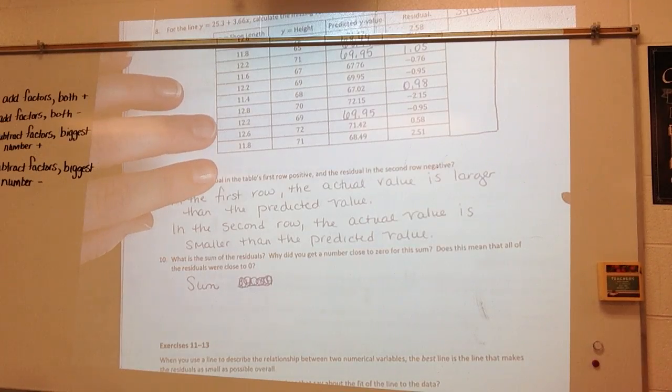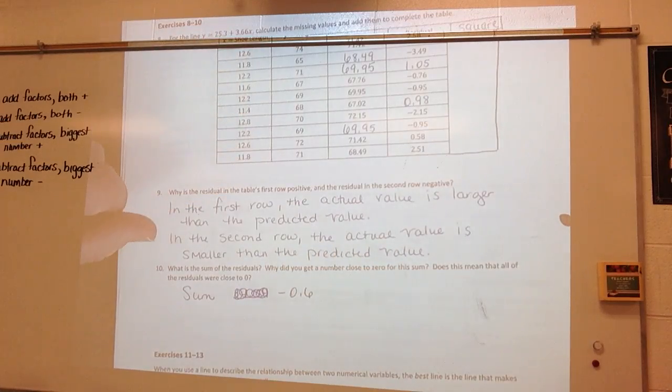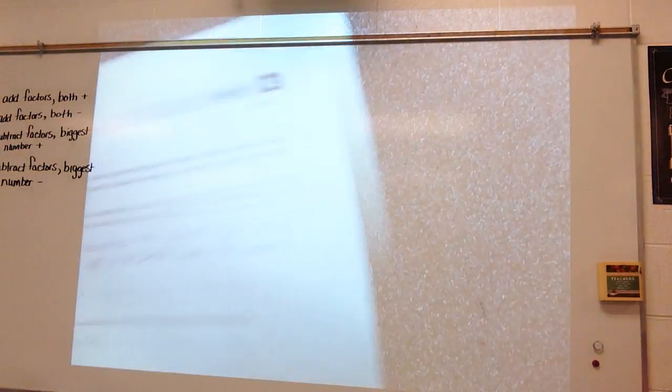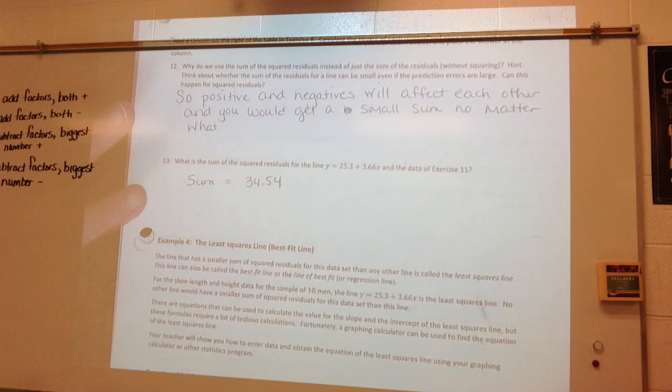If I add all of those up, I would get negative 6/10. I jumped ahead of myself. Forgive me for that, I make a mistake. But when I square them, I get the sum of 34 54/100.